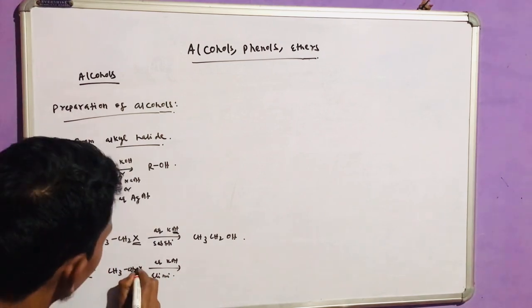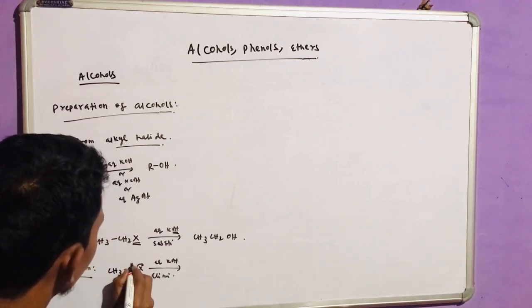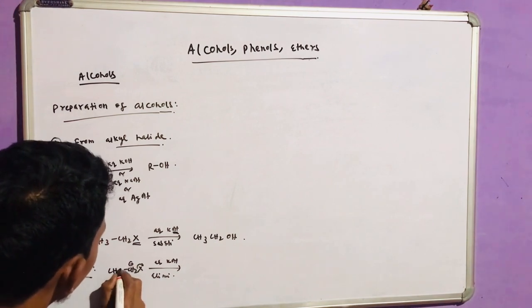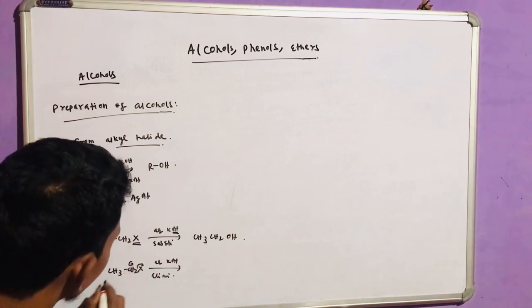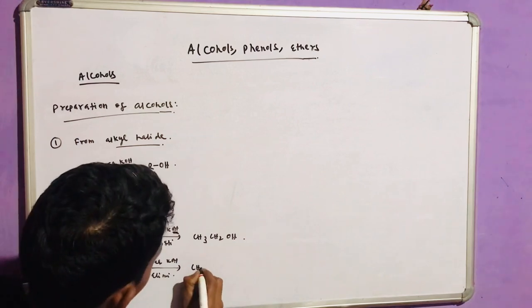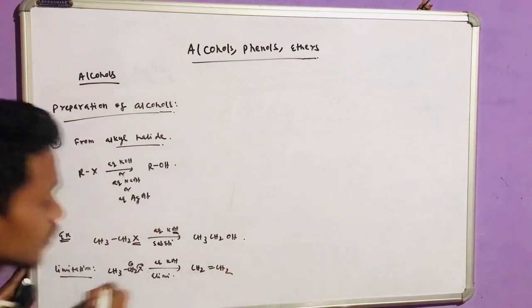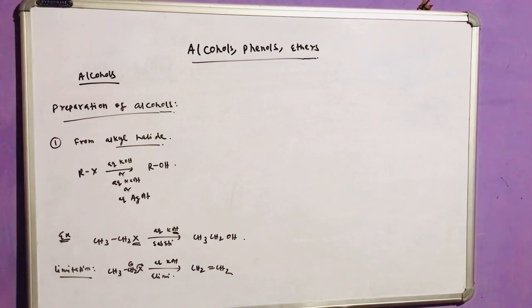That is, this will be removed and the positive charge forms, and then it will become CH2 double bond CH2. So elimination reactions are also possible side by side.